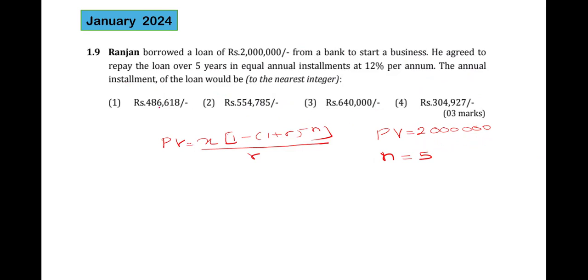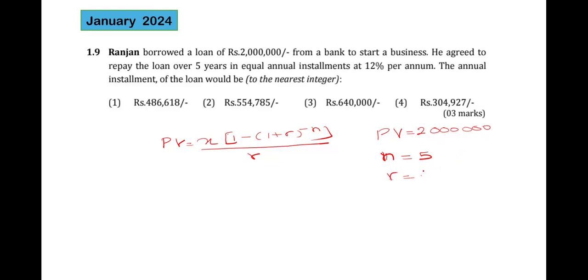Now here we pay an annual installment, at the end of each year, so 5 installments for the loan. If N is annual, R should be annual. If N is the number of months, then R should be the monthly rate, R divided by the number of periods per year, depending on the period of the installment.